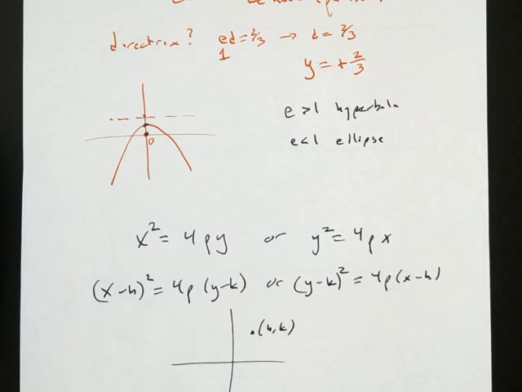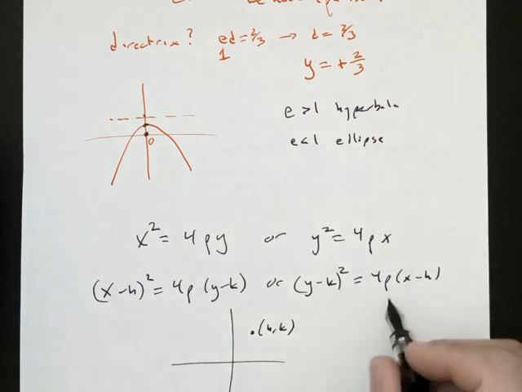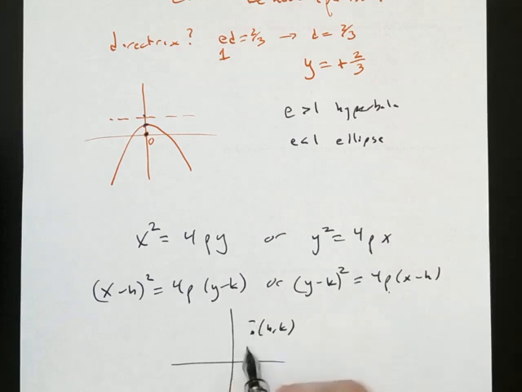And then you have to decide, are you going up and down, or are you going left and right? But then the distance in question is p. It's either p up, p down, p left, or p right from the vertex to the focus. A and C, there ain't no such thing as that.